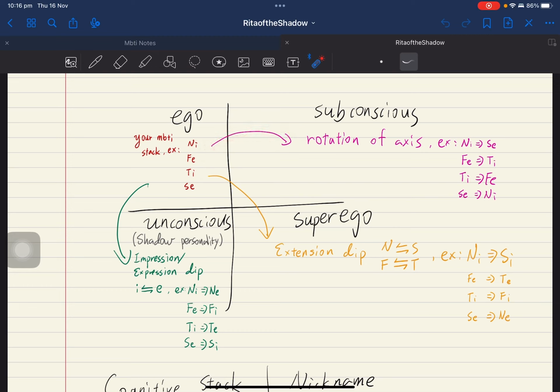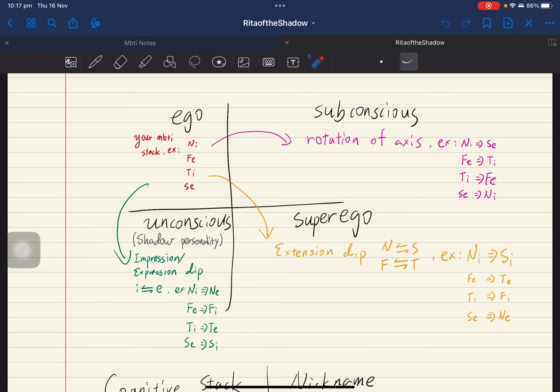So what I explained to you earlier was called the rotation of axis, where the functions are completely in reverse order. And when you go into your shadow, he called it the impression or expression dip.